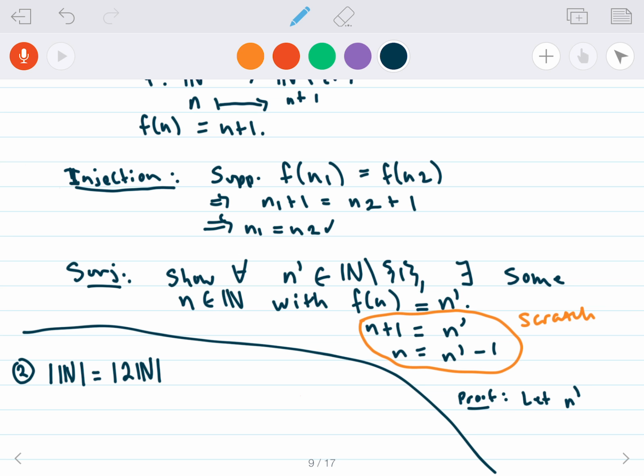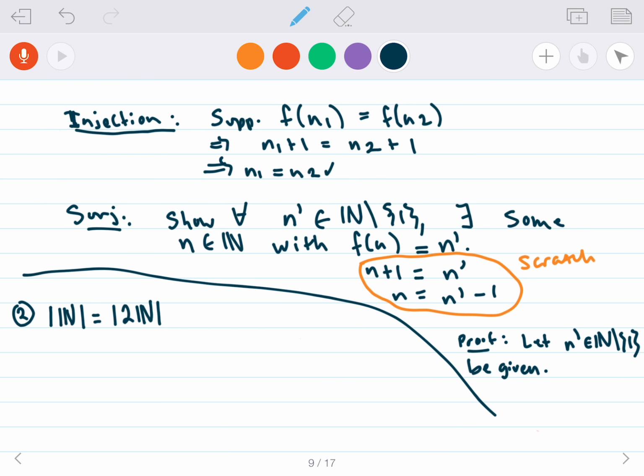Let n prime in the naturals without 1 be given. Choose n in the naturals such that n is equal to n prime minus 1. We're given an n prime, and we can find the little n by just plugging in n prime.